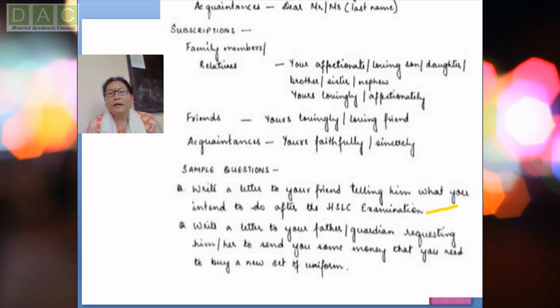So this comes under the informal letter. Then the next question: write a letter to your father or guardian requesting him or her to send you some money that you need to buy a set of new uniforms. So this question too falls under the informal letter.